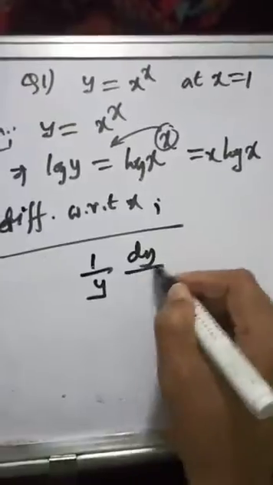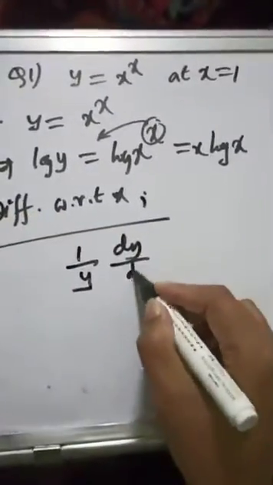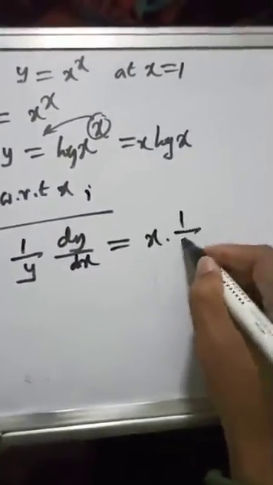1 upon y dy/dx equals: the derivative of x is 1 times log x, plus x times the derivative of log x, which is 1 over x.